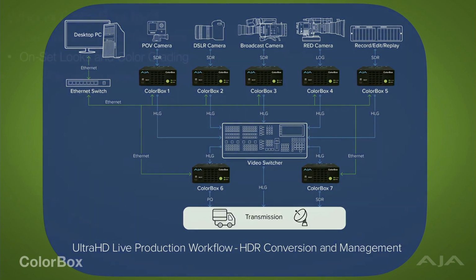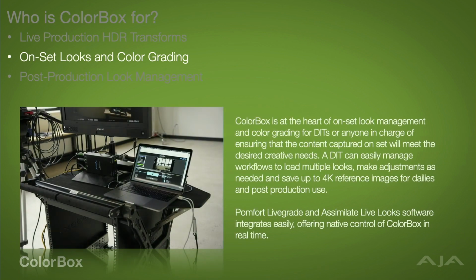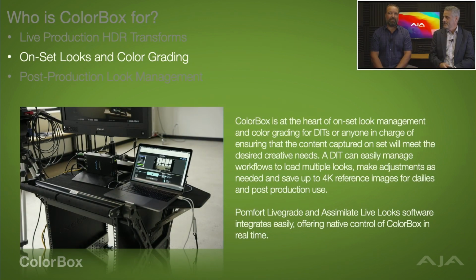Very cool. So the next use would be on-set color grading. People are pushing more and more for 4K or HDR workflows on set. They don't have to be synonymous, it could be either or.